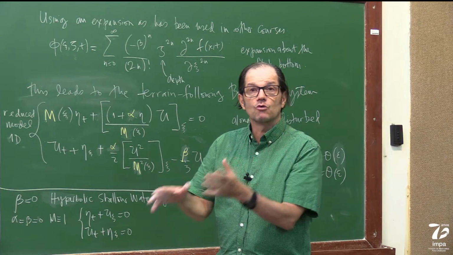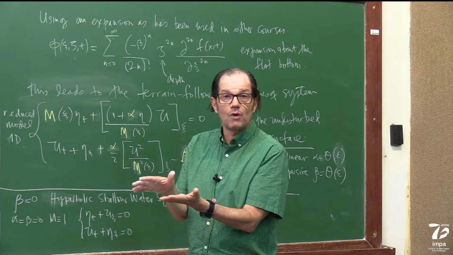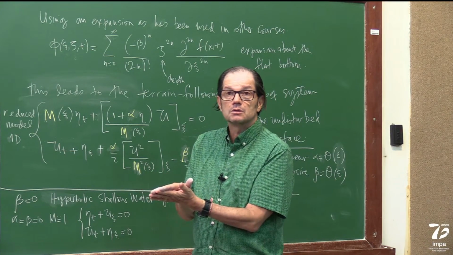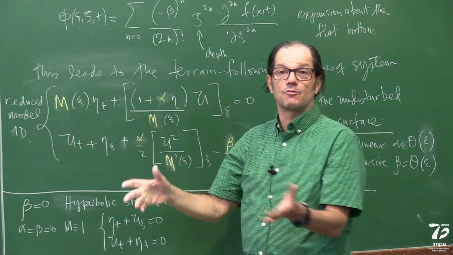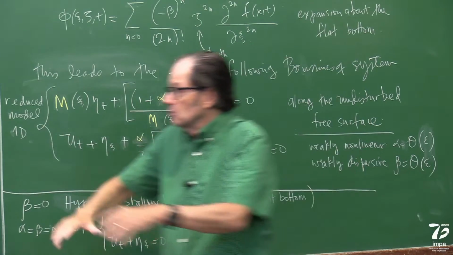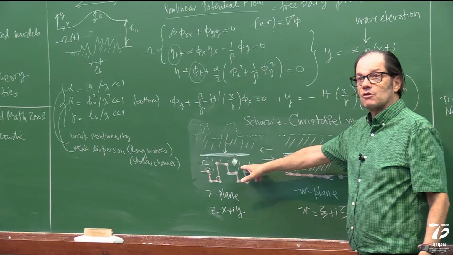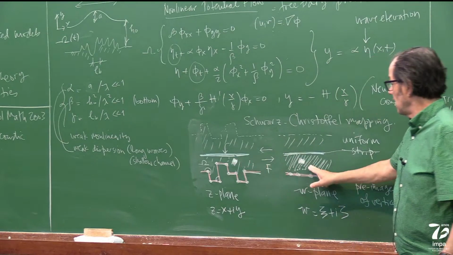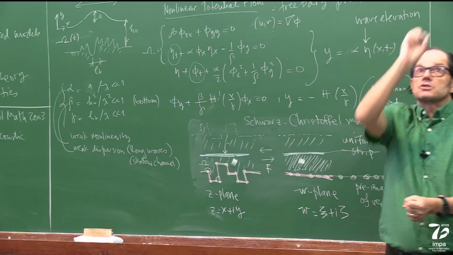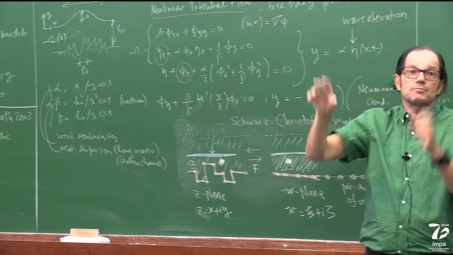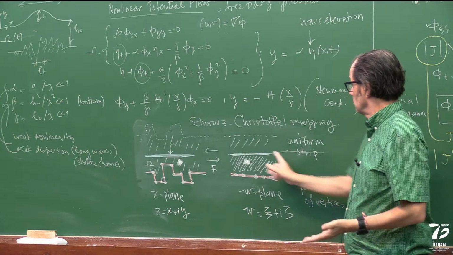The geometrical information came in an approximate way through the Jacobian, which is m. If I had no waves, the geometrical information from mapping this to that is the change of variables. It's in the Jacobian, which is dx dx, dx d zeta, use Cauchy-Riemann, and evaluate it at the undisturbed level.